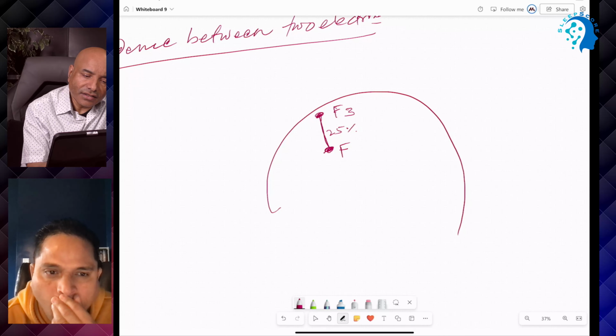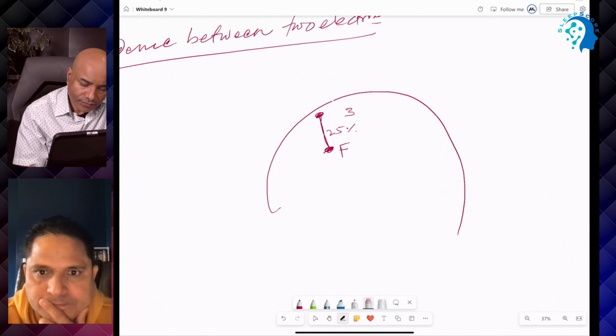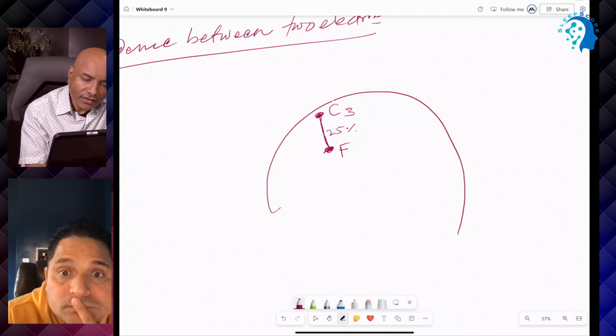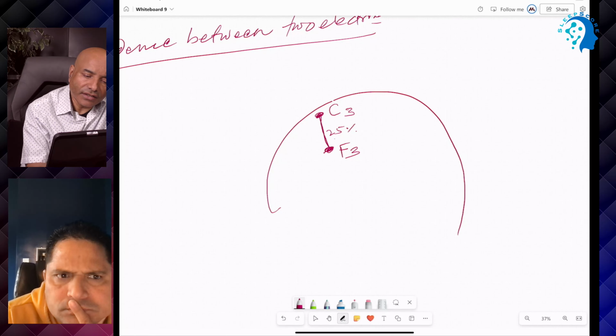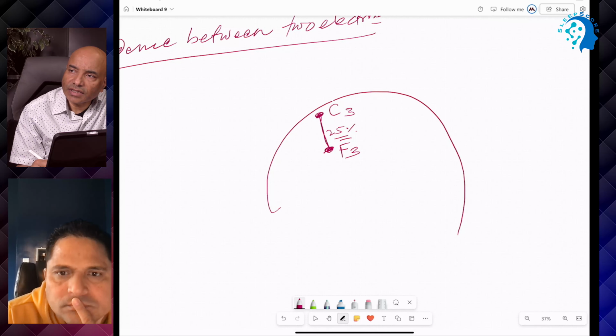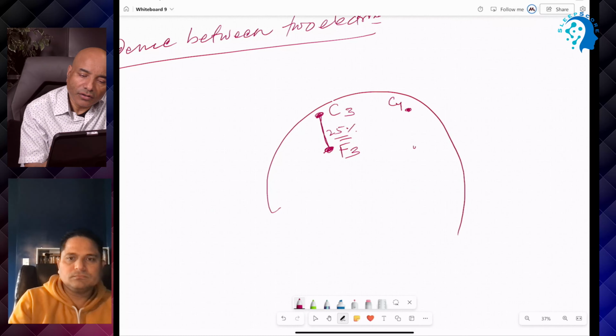This is C3. The distance between C3 and F3 is supposed to be 25%. This is C4, this is F4.